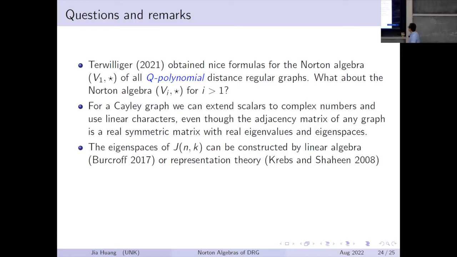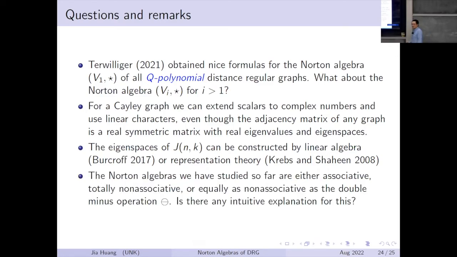We can construct all the eigenspaces of the Johnson graph by either linear algebra or using some representation theory. But I wasn't able to get any results on the Norton algebra VI when I is greater than 1. So that might be something that somebody can do in the future.